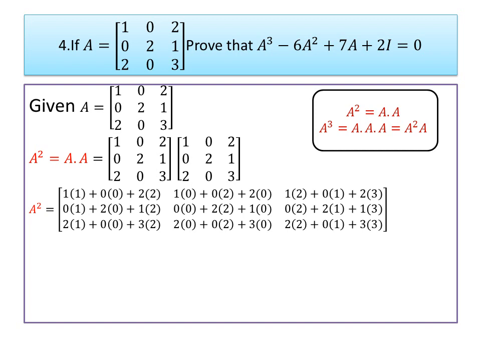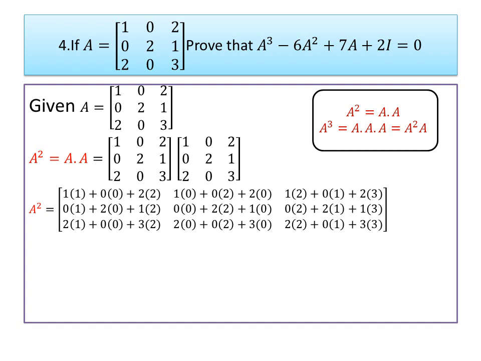Next, second row to the first column elements: 0 into 1 plus 2 into 0 plus 1 into 2. Second row to the second column elements: 0 into 0 plus 2 into 2 plus 1 into 0. Second row to the third column elements: 0 into 2 plus 2 into 1 plus 1 into 3.